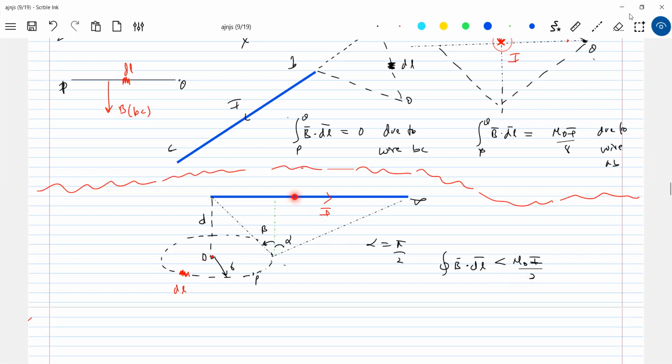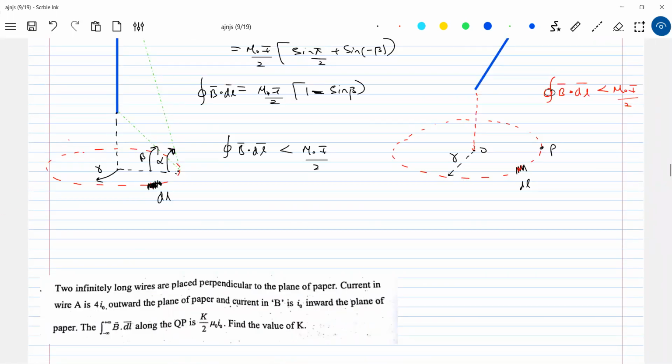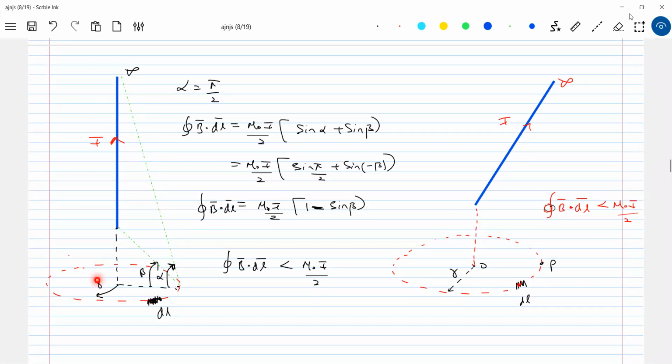Sir, I think the basic definition is the current enclosed by the path. So there's no current enclosed. In fact, you have to slightly come out of that definition. There's no current flowing through the path, still you are saying yes, it will be. So here also, look at this. There's no current passing through this, the current encircled by the Amperian loop.